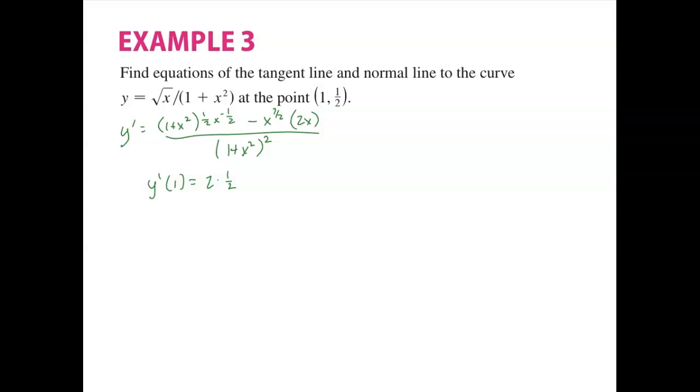So 1 to the negative 1/2 is still 1, right? Minus, plugging in 1 there, I get minus 2 over 4. 1 minus 2 over 4, that's negative 1/4.